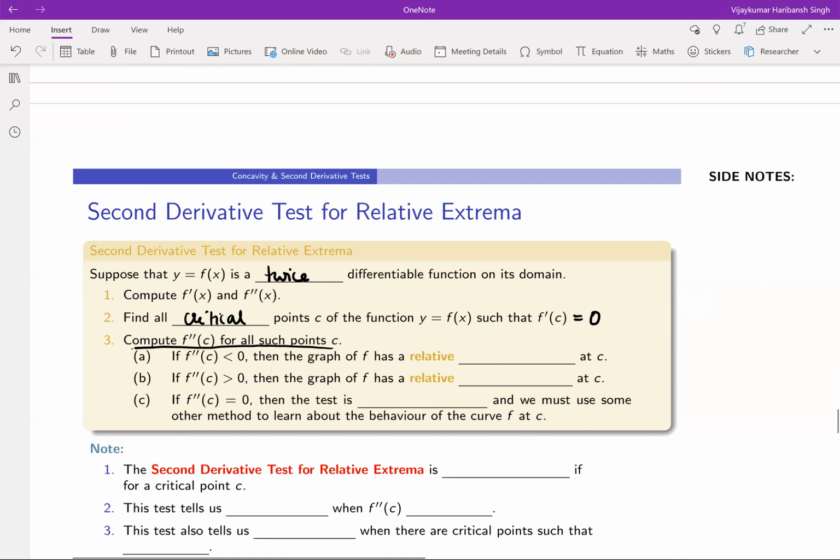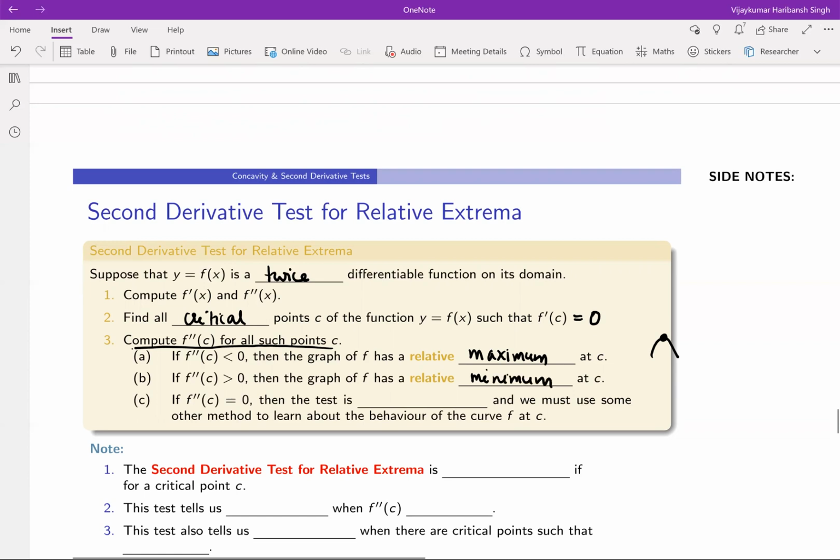If the second derivative is less than 0, then the graph has a relative maximum at c, because this is how the shape looks at a relative maximum, and you see it's concave down. Similarly, if f double prime of c is greater than 0, then f has a relative minimum at c.